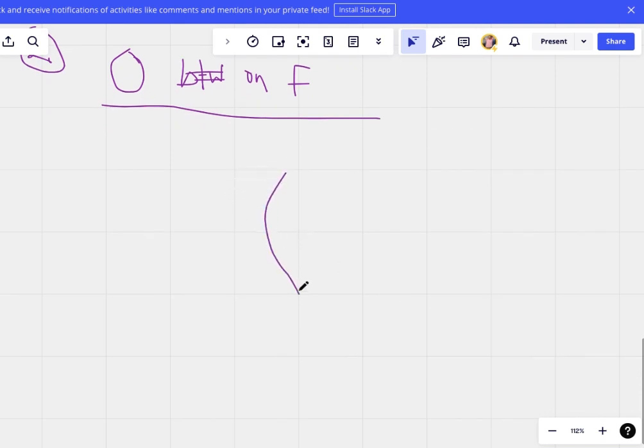Now let's see that. Let's say this is our lens, and this is our principal axis. This broken line passes through the optical center. This is our C, the optical center.